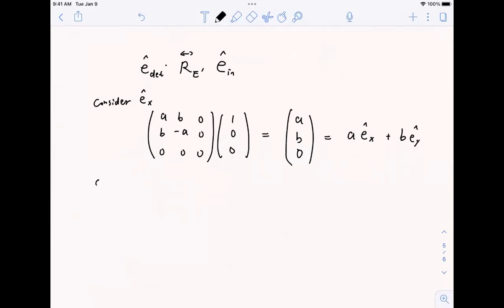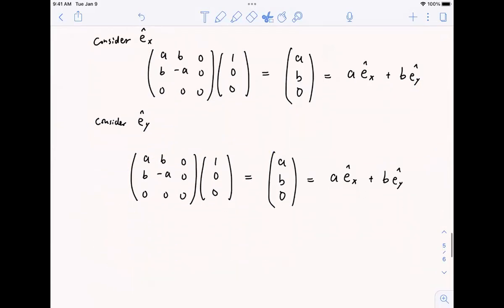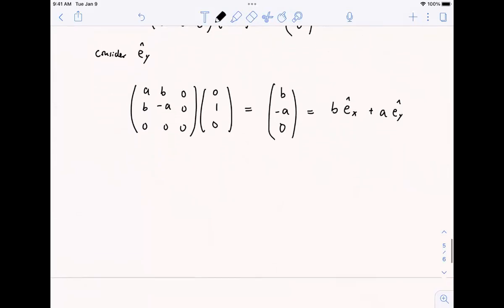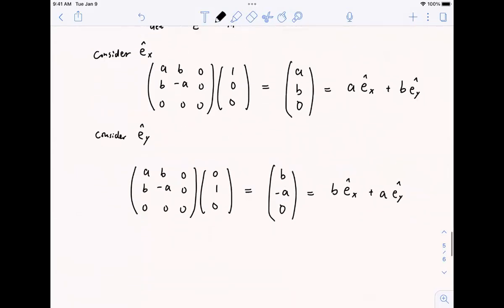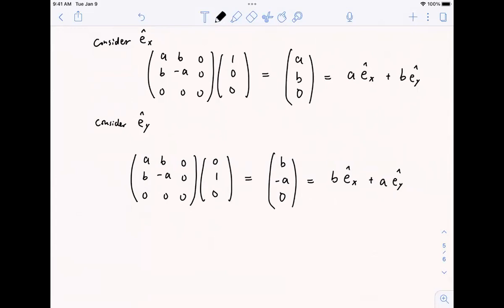And similarly, if you consider EY, then we just write the same thing. Zero, one, then it will be B and negative A. So that means if you're excited with X or Y, you're going to get a combination of X or Y.